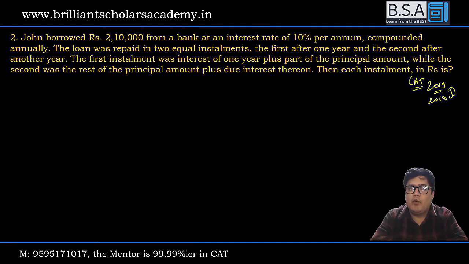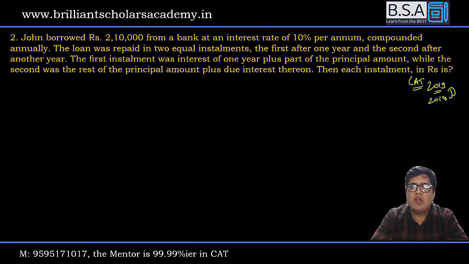John borrowed 2,10,000 from a bank at an interest rate of 10% per annum, compounded annually. The loan was repaid in two equal installments, the first after 1 year and second after another.